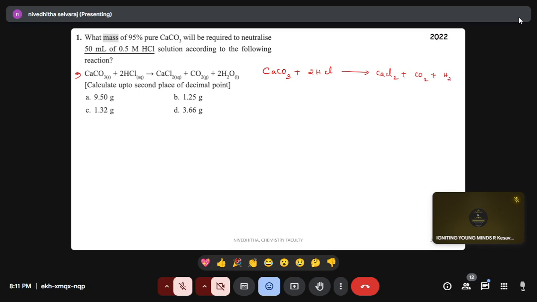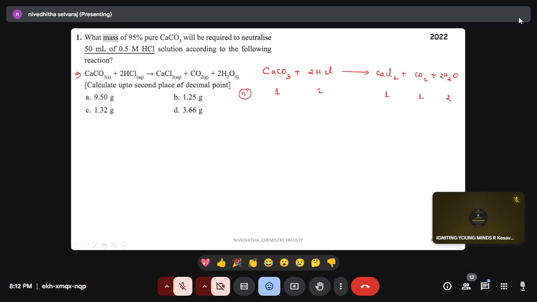Here, 1 mole of calcium carbonate is reacting with 2 moles of HCl to give 1 mole of calcium chloride, 1 mole of carbon dioxide, and 2 moles of H2O. So the ratio between calcium carbonate and HCl is 1:2. So this is our inference.